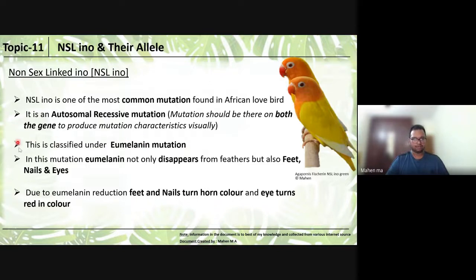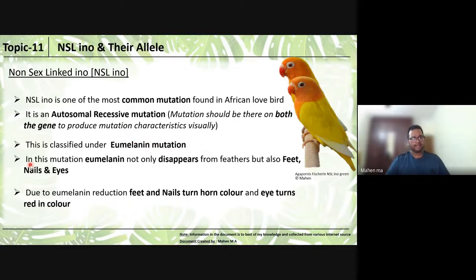Today I explained about the classification, right? So this is a eumelanin mutation, and it is actually a reduction that is happening in the eumelanin. A eumelanin mutation can be either an increase or a decrease in the eumelanins, but in NSL Ino it is actually the reduction of the eumelanins that is happening.